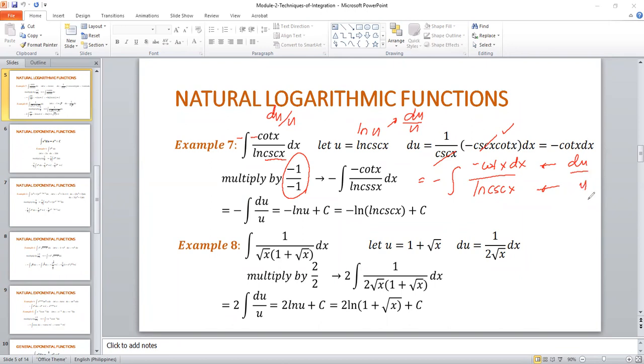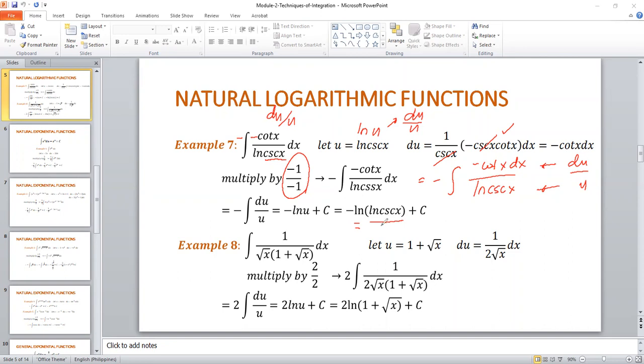It's the ln of this u, which is another ln. Ln of cosecant x. The negative sign in here appears before the ln. So it's possible that you will have an ln of an ln cosecant x. The u of the main function ln here is ln cosecant x. The u of this one is cosecant x.